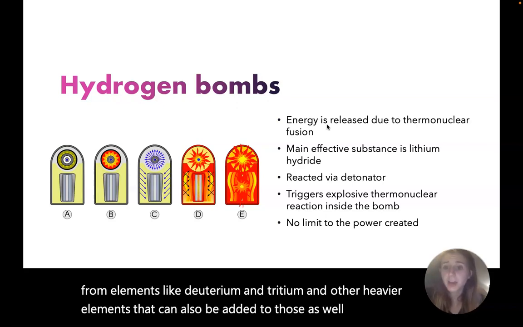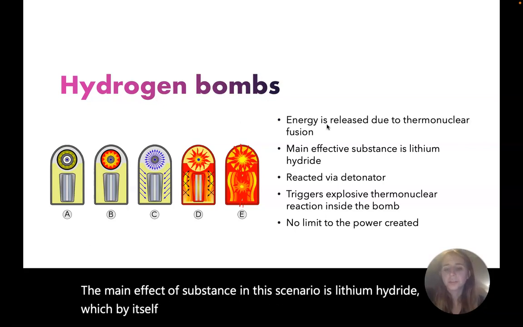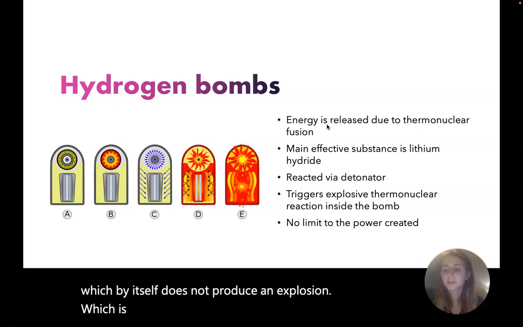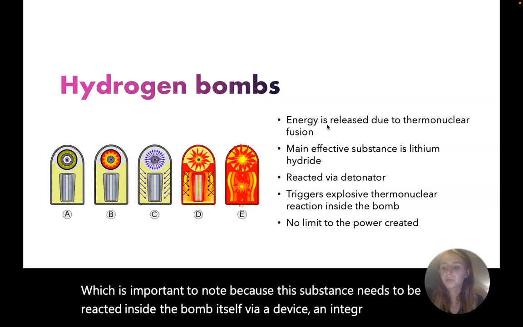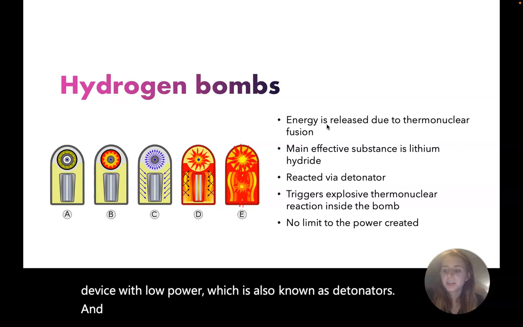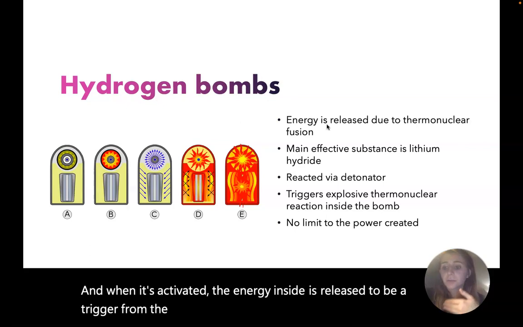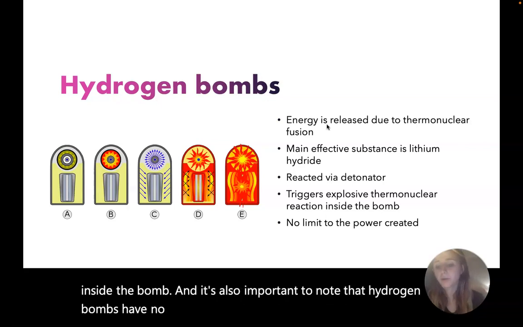The main effective substance in this scenario is lithium hydride, which by itself does not produce an explosion, which is important to note because this substance needs to be reacted inside the bomb itself via an integrated nuclear device with low power, which is also known as a detonator. When it's activated, the energy inside is released via a trigger from the explosive thermonuclear reaction that builds inside the bomb. It's also important to note that hydrogen bombs have no limit to their power potential.